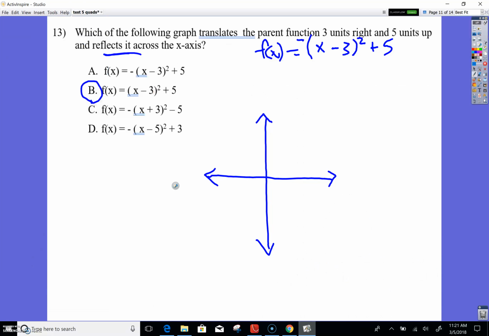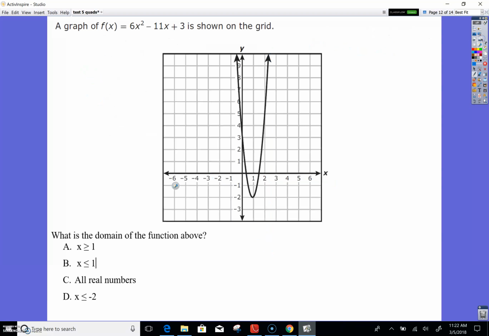Okay, so this isn't correct. Remember, it reflects down, so that has to be a negative. If you want to graph them in the calculator and look for it, you can. I'm not going to show you that one, but you can also graph it in the calculator. Okay, what is the domain of the function above? Remember, the domain of any quadratic function is all real numbers.